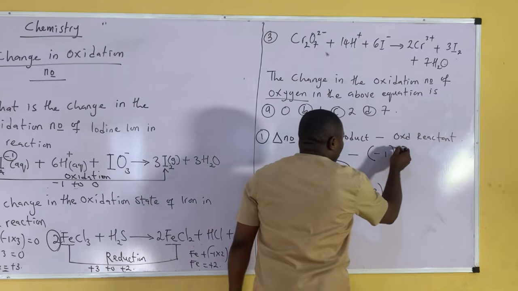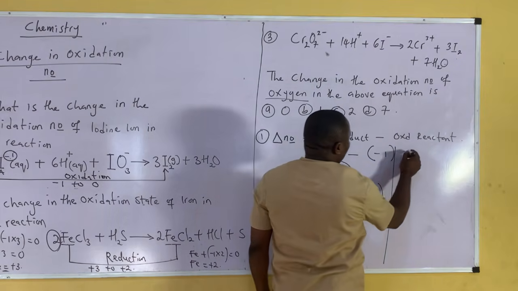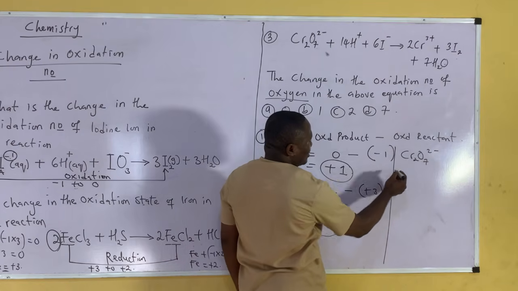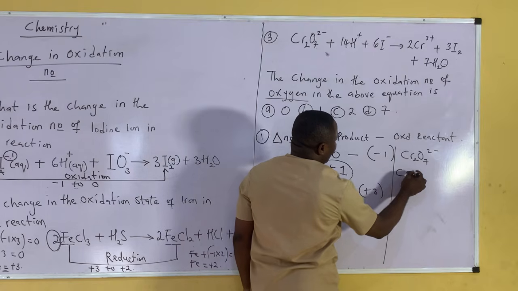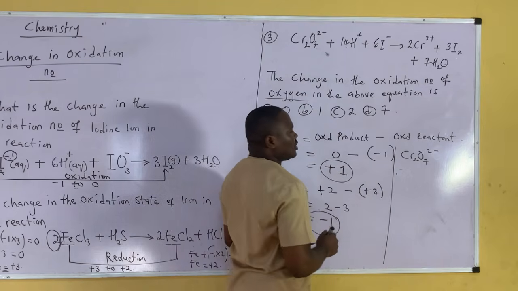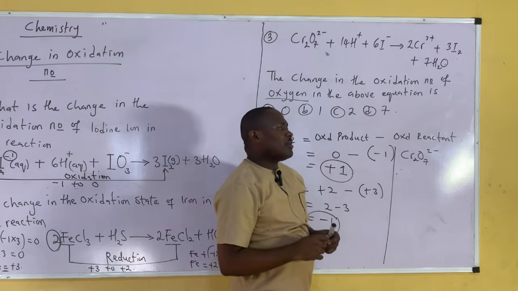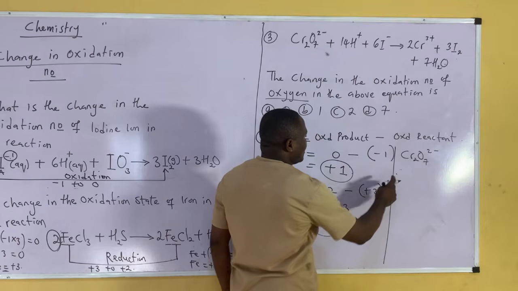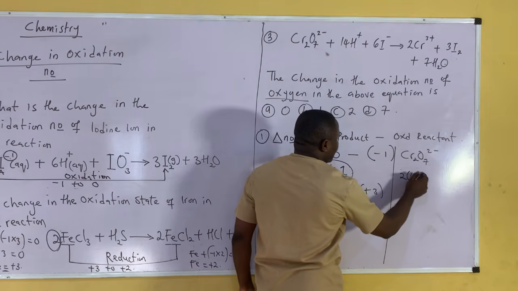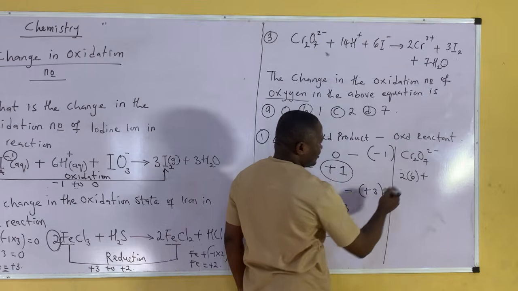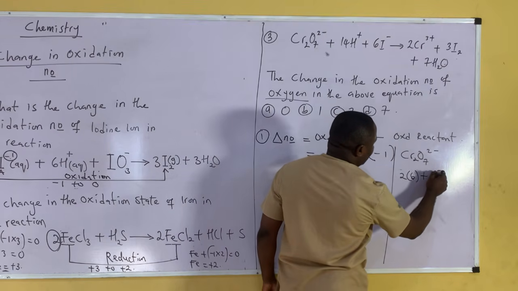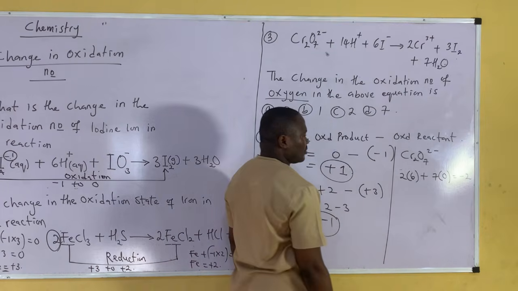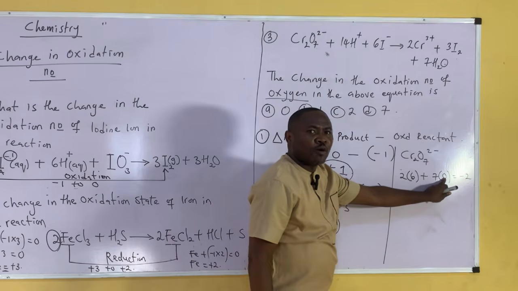Now, I would like to show you that very fast. I have it as Cr2O7 2 minus. That means the oxidation number of chromium, remember, we have solved this before, it's plus 6. So it will be 2 bracket 6 plus 7 bracket O is equal to minus 2. Now I'm looking for the oxidation number of oxygen.